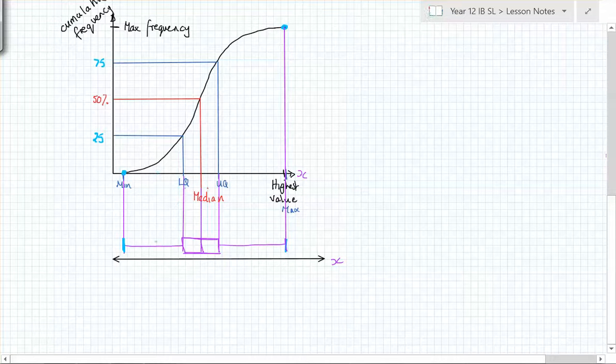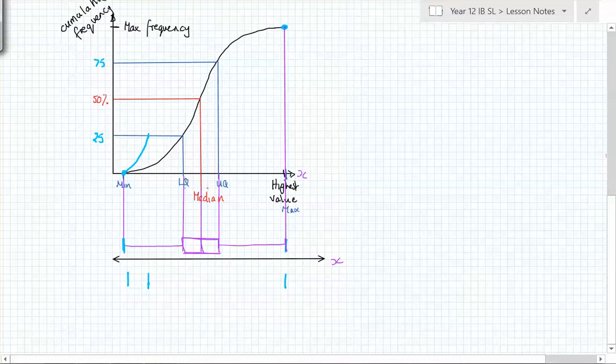Well, if that's minimum, that's maximum, and I want the box to start here, for instance, what has to happen to the curve? From this point, it has to reach this line quicker. Yeah.